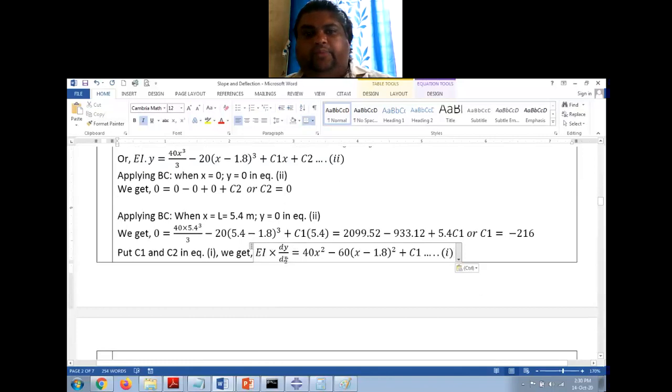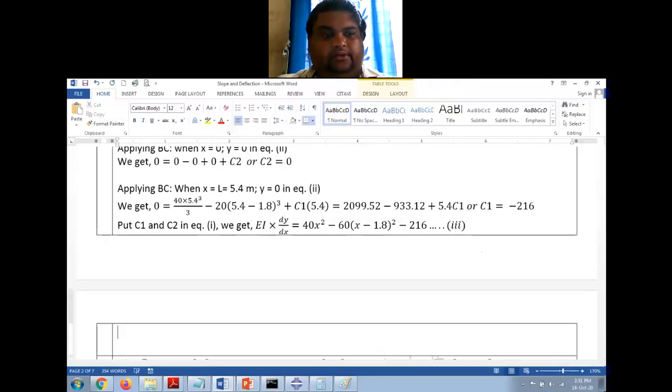EI dy by dx is equal to 40x square minus 60 and so on, and C1 is minus 216. So I'll just replace this with minus 216. So this will become equation 3 now.